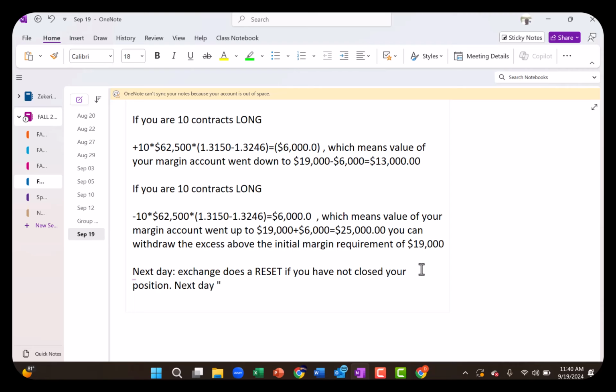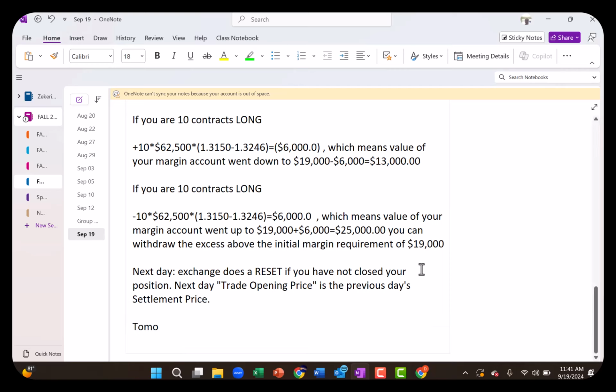Next day, the so-called trade opening price is the previous day's settlement price.